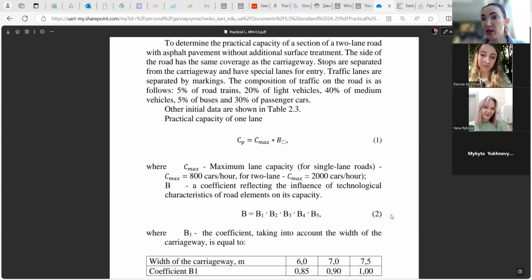The result is also in cars per hour. How many cars per hour we can input on these 2-lane roads? Please find it. And you can also write the answer for your task 2.2. It is all for our task 2.2.